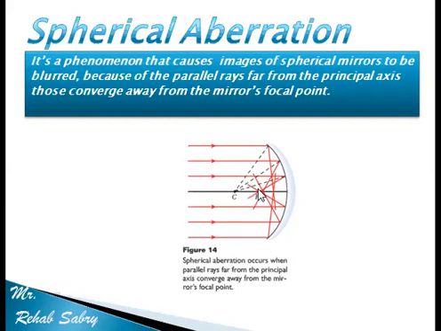Instead of reflecting the rays to the focus exactly, they reflect the rays behind the focus. So that makes the image blurred.